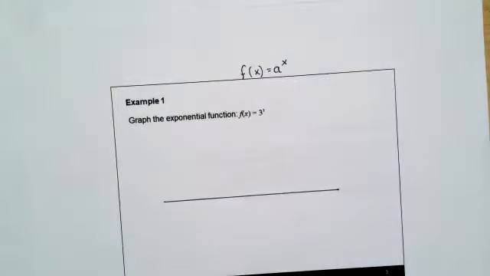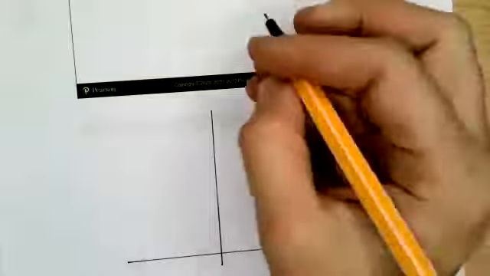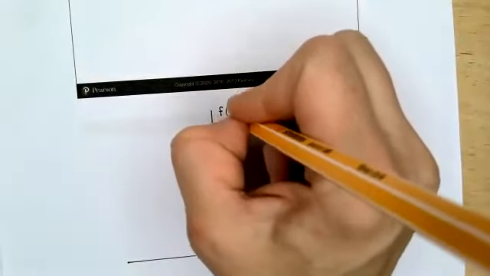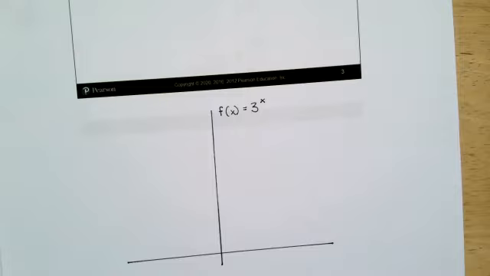If a is greater than 1, it's growing. Good. I know it's going to go through the point (0, 1). So this is the graph of f of x is 3 to the power of x.